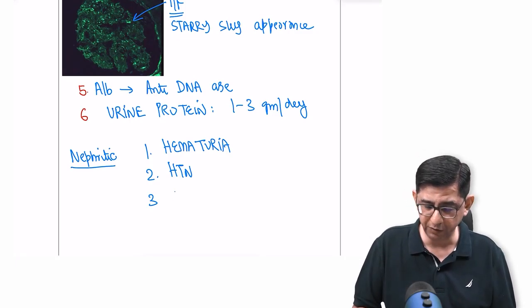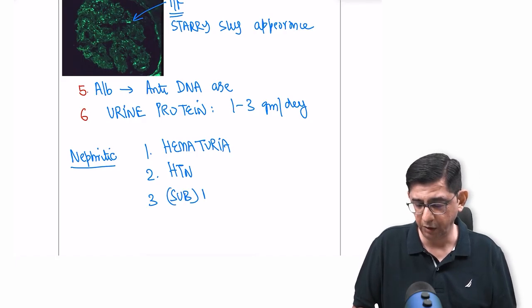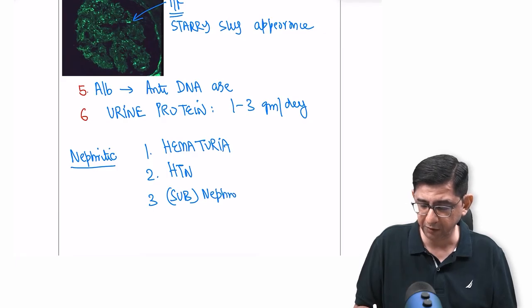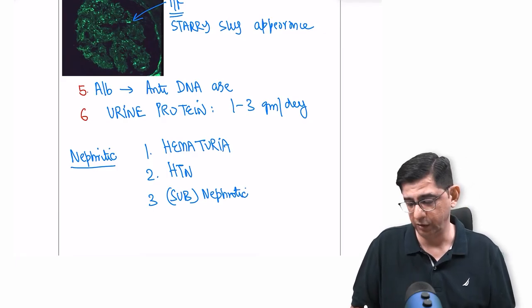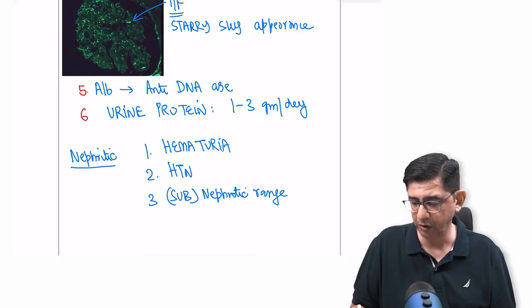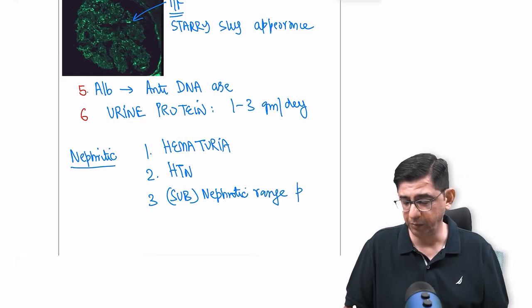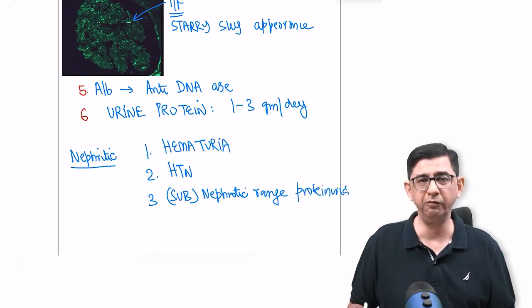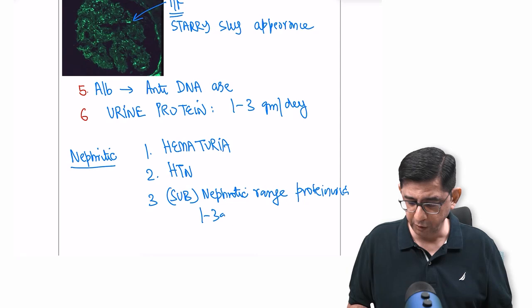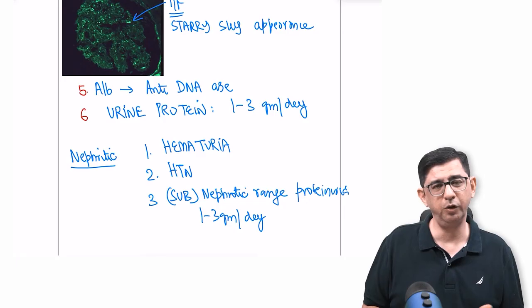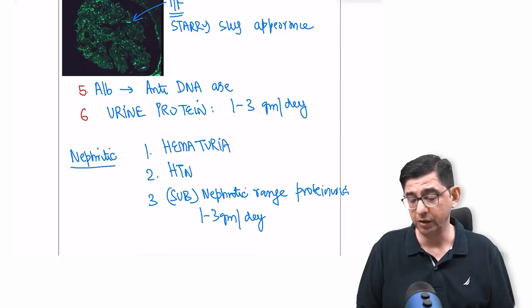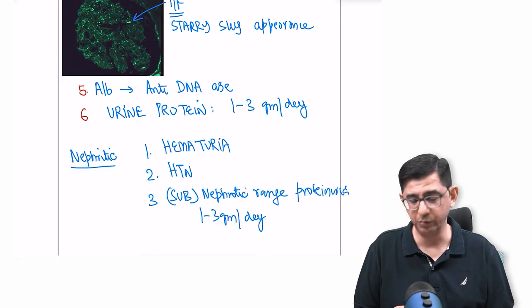And the third one is obviously proteinuria. Now, he may not write the words subnephrotic proteinuria. He may quantitatively write the value there. The subnephrotic range proteinuria, as I've explained to you, would be a value between 1 to 3 grams per 24 hour in a timed specimen. We can do a spot sample also, dipstick, but it would then be 3 plus or maybe 2 plus and would not be 4 plus most of the time.